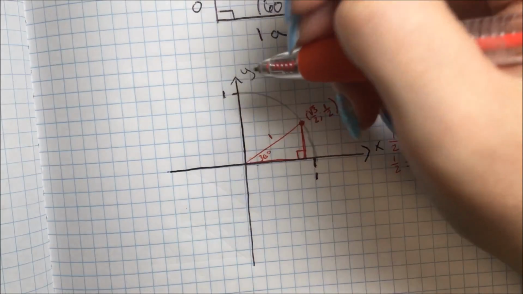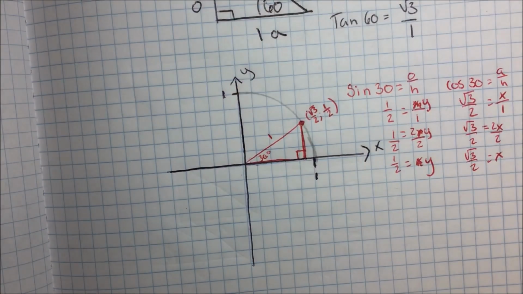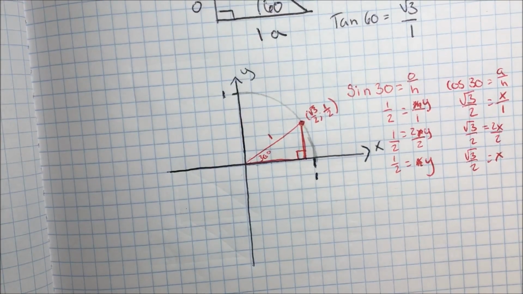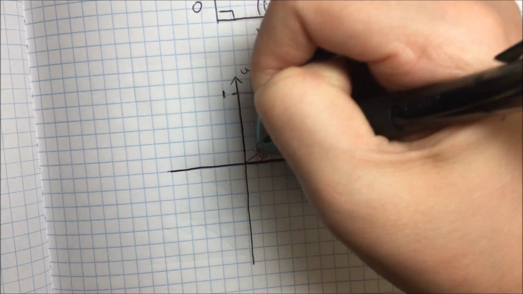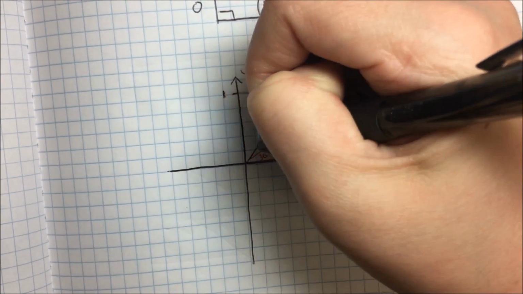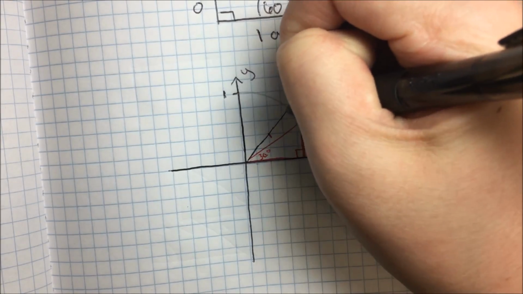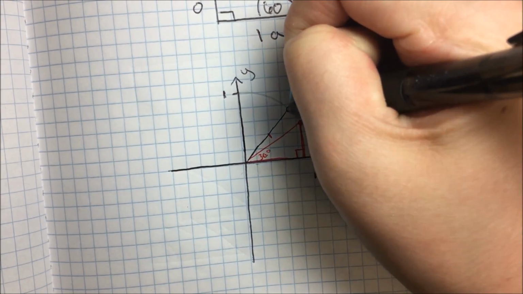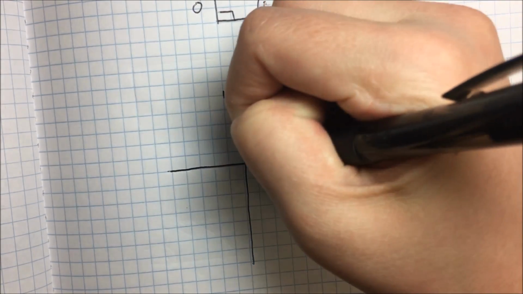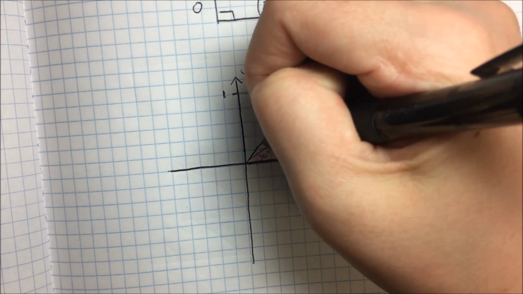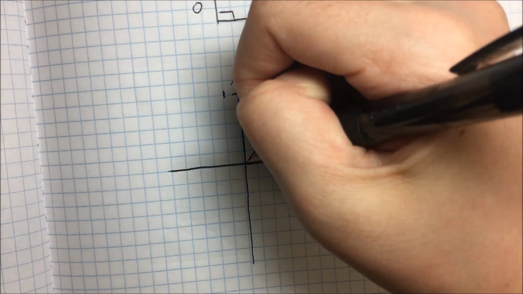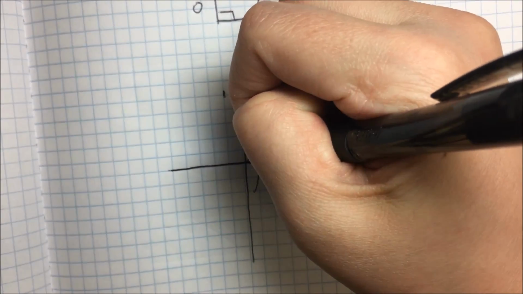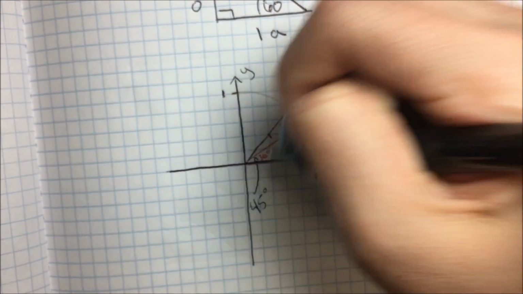Okay. So the next triangle we're going to make, I need a different color. I'll use black. It's going to be a 45-degree angle. And I know a 45-degree angle is just going to go through all these lattice points. So this angle in here is 45 degrees.